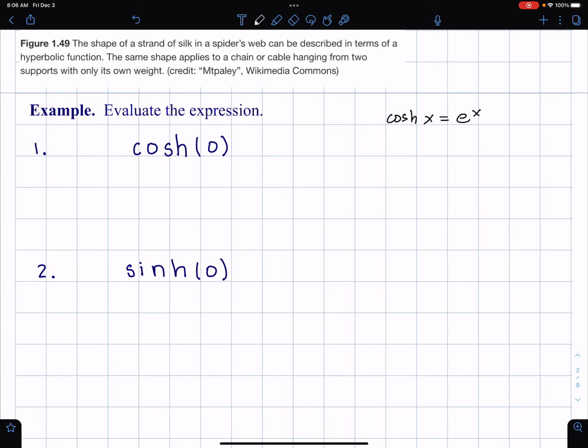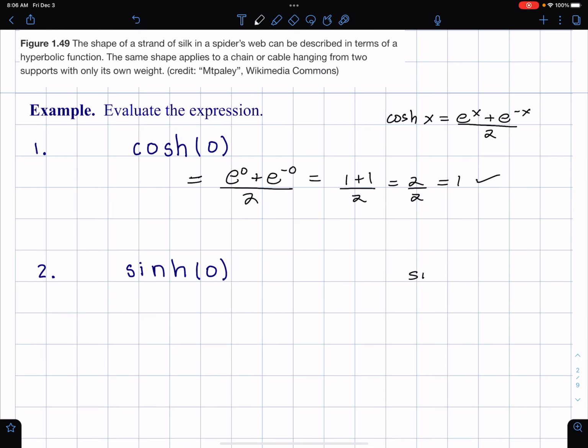Hyperbolic cosine x is e to the x plus e to the negative x over 2. So evaluating hyperbolic cosine of 0 is simply found by plugging in 0 for x. e to the 0 is 1. So we get 2 divided by 2 is equal to 1. So that wasn't that difficult.